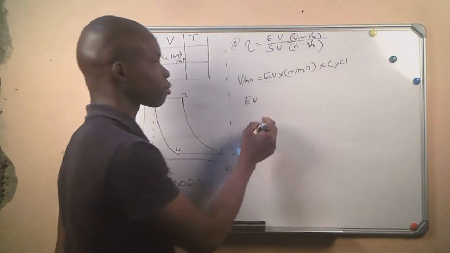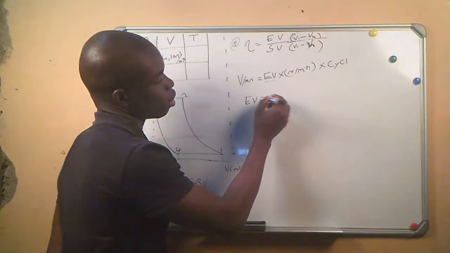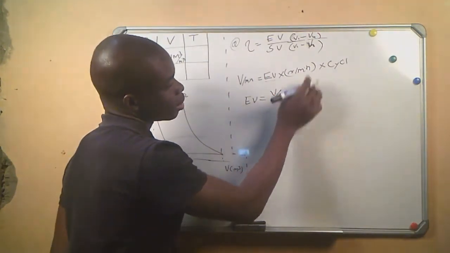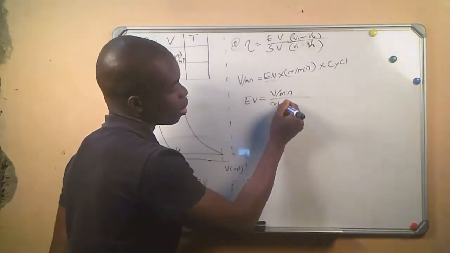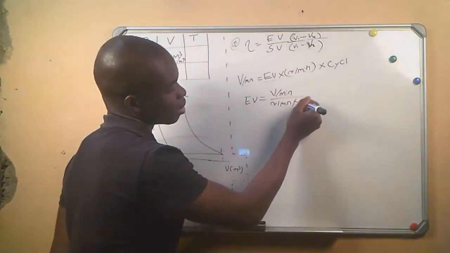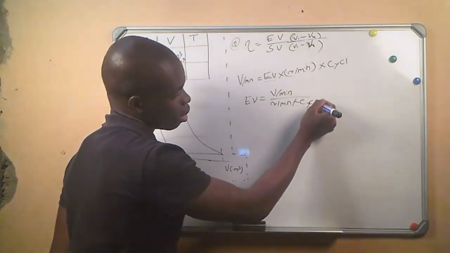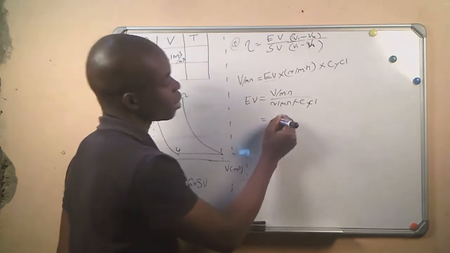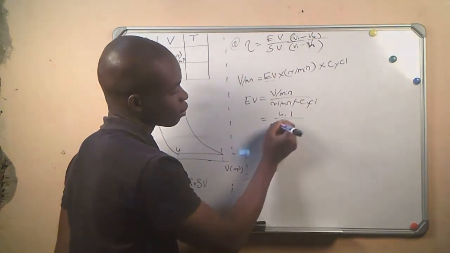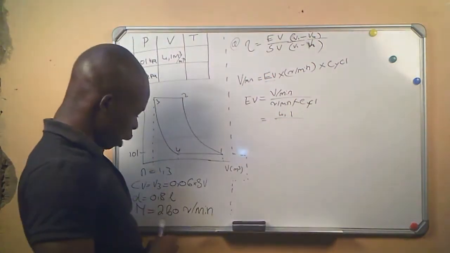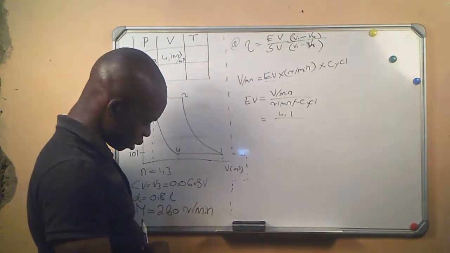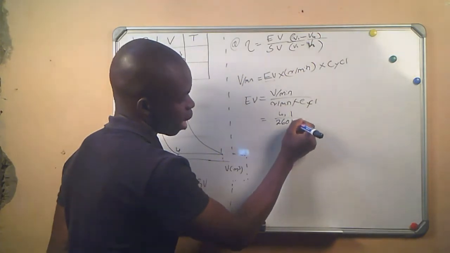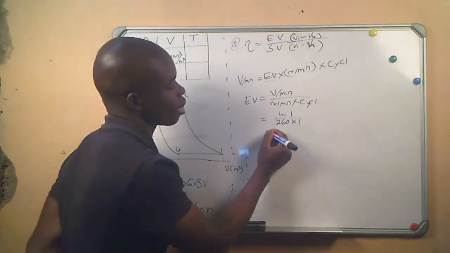So we must make this the subject of the formula. EV is equal to the volume per minute divided by the rev per minute, which is the speed, times the cycle. And then we substitute our volume per minute, it's 4.1, divided by our speed, 260, times 1, which is the cycle.